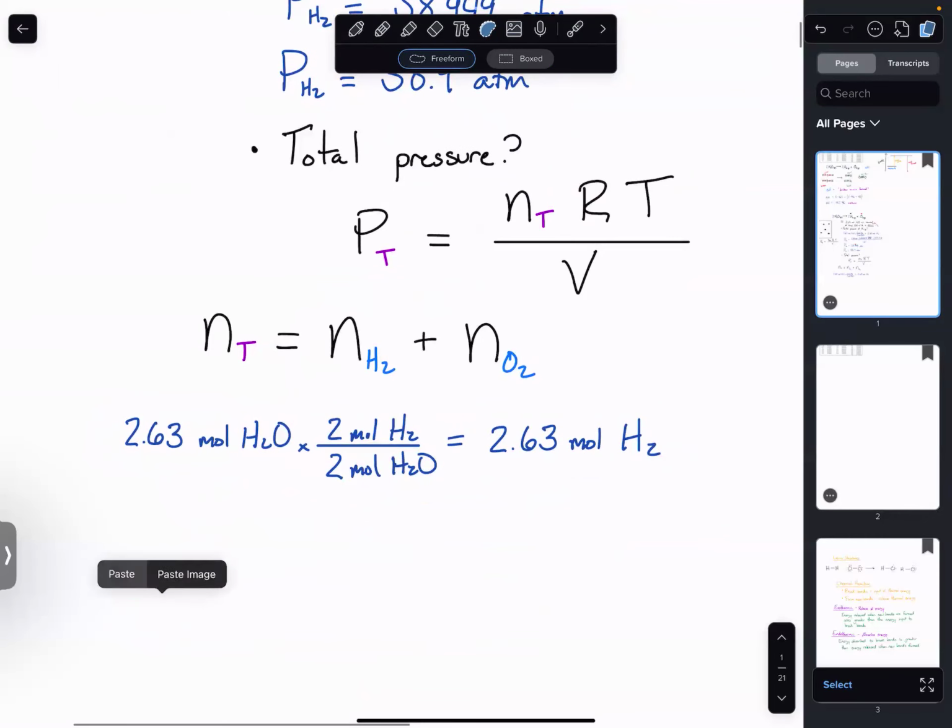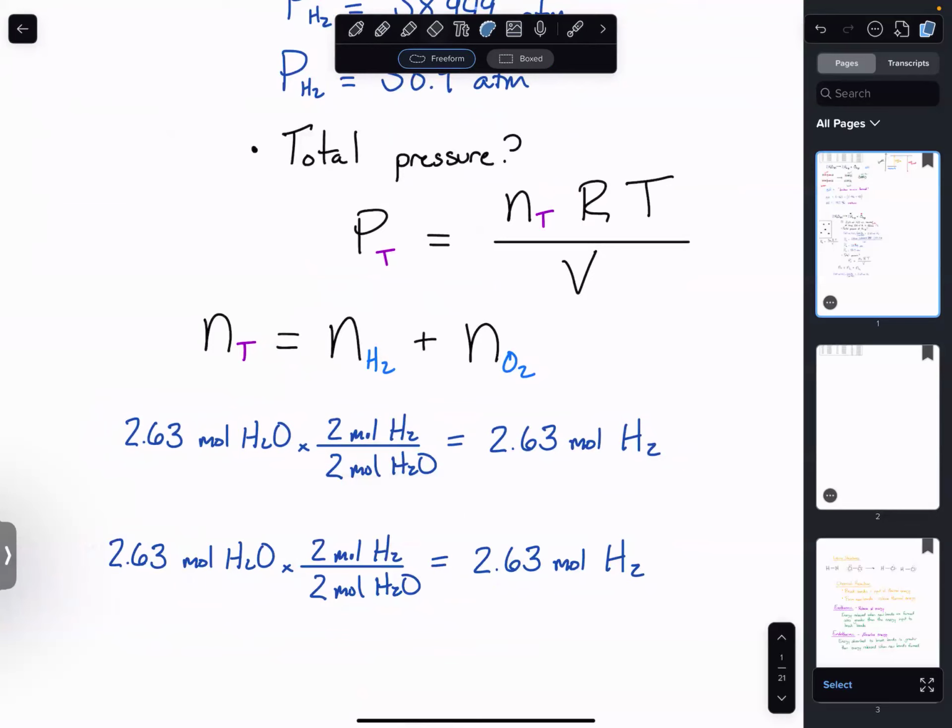If I want to figure out how many moles of oxygen I have, I'm going to need to do the same sort of calculation, but I need to change my mole ratio here. If 2 moles of water are consumed, there's only 1 mole of O2 produced per my balanced chemical equation. All right, or 1.315 moles of O2 with 3 sig figs.